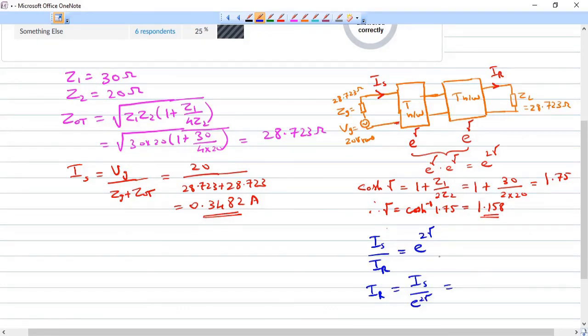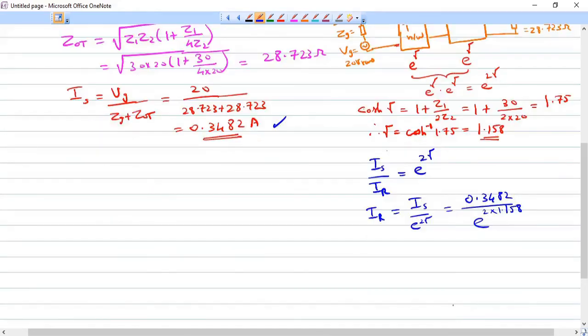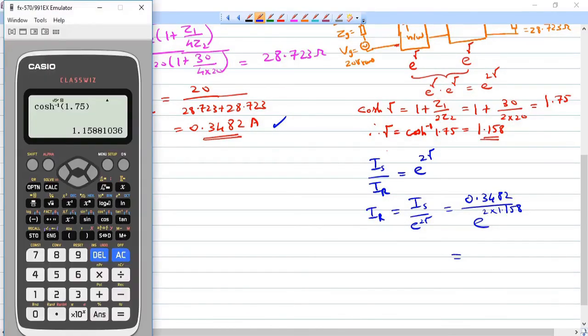IS, the sending end current, is 0.3482 upon e power twice 1.158.